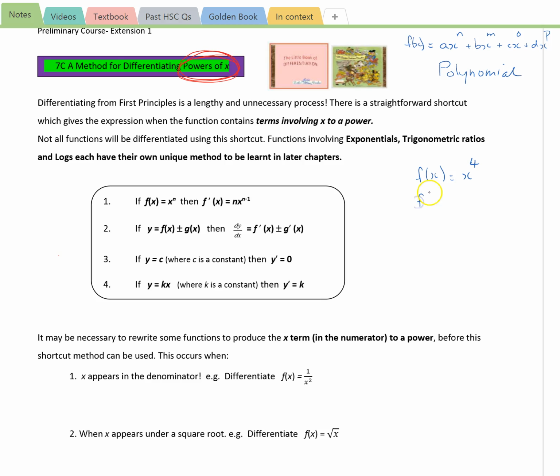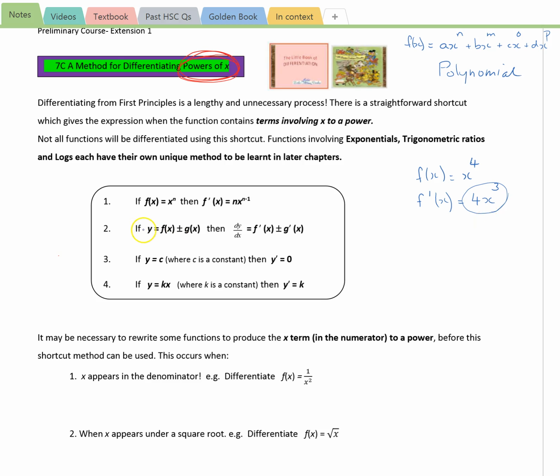So f dash x in this case is 4x cubed. Now your understanding is this is the function. This, however, gives me an expression for calculating the gradient at different values of x, so at different locations along the curve.